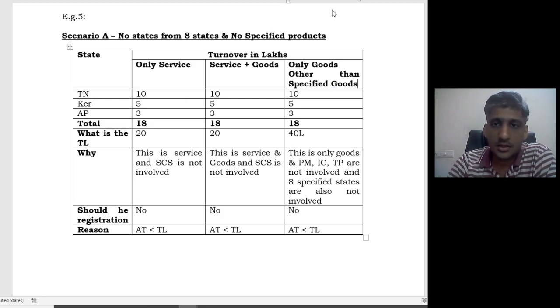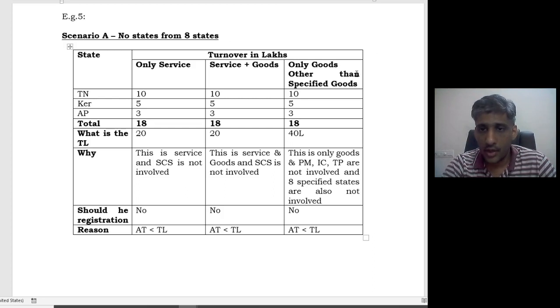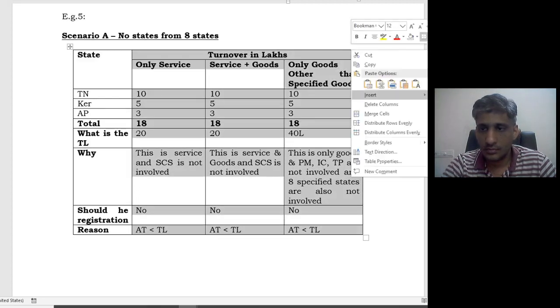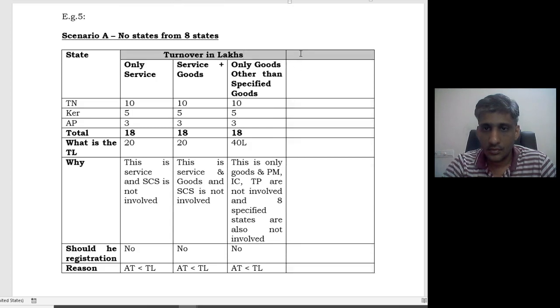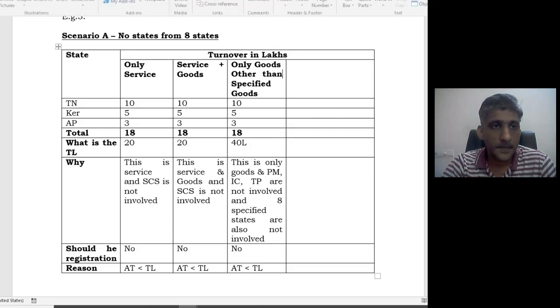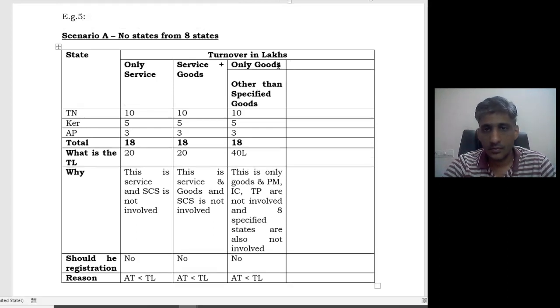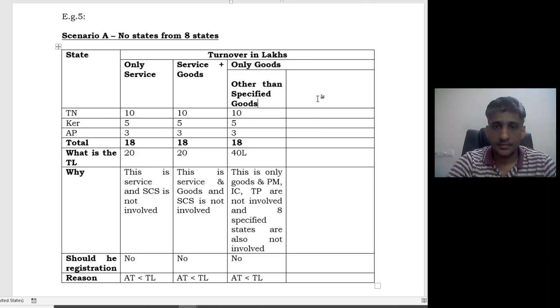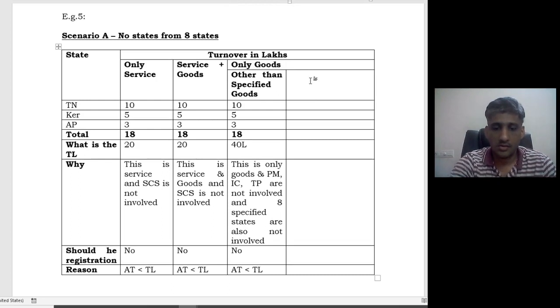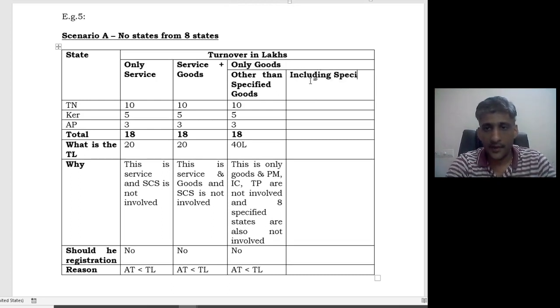Okay. Done. Let's do one thing. We will add specified goods also here. Only goods, including specified goods.